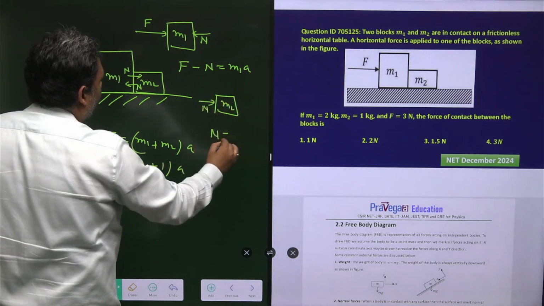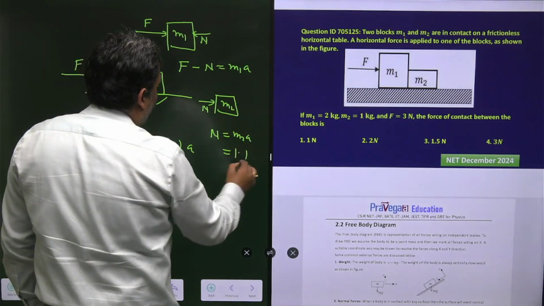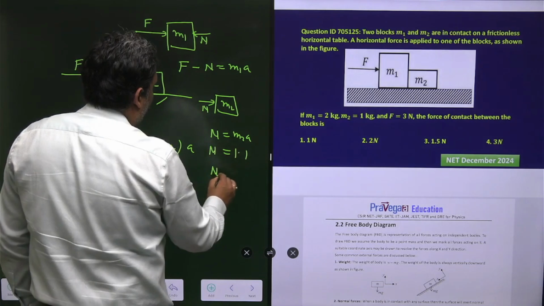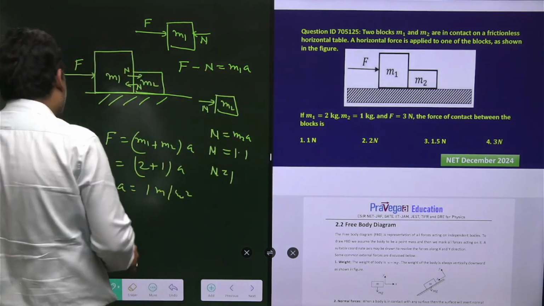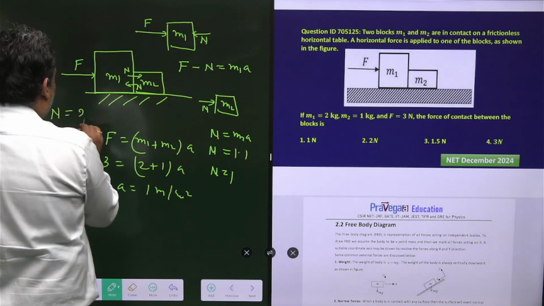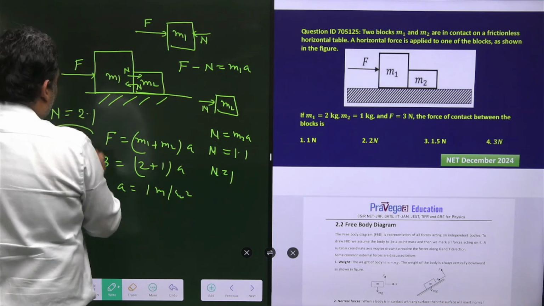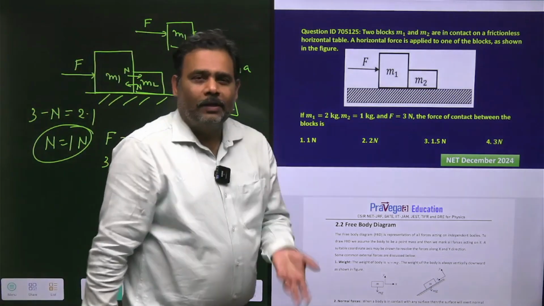So N must be equal to M2 A. Here M2 is equal to 1, A is equal to 1, so N is equal to 1. Don't worry, we can verify from here also. F is equal to 3, minus N is equal to 2 into 1, so N is again 1 Newton. So yes, your answer is 1 Newton, simplest question.